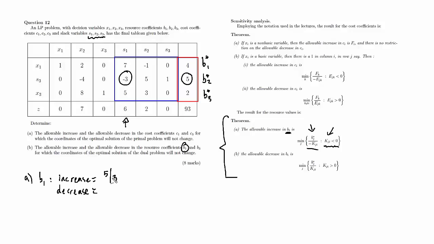For the decrease, we look at the positive values. That's this one here and this one here. And then the corresponding values of B star are taken from here. So the decrease is the minimum of 4 on 7 and 2 on 5, which is 2 on 5.